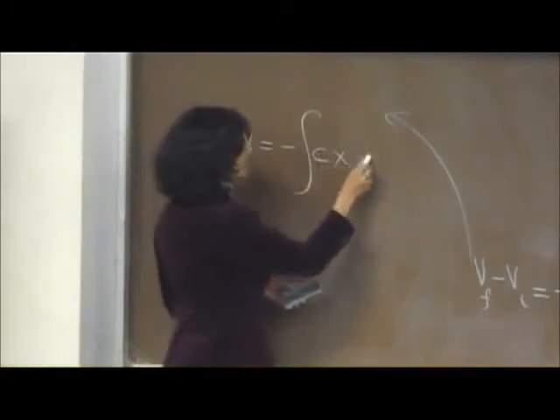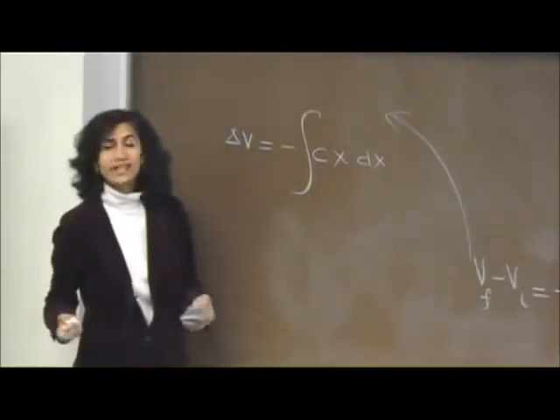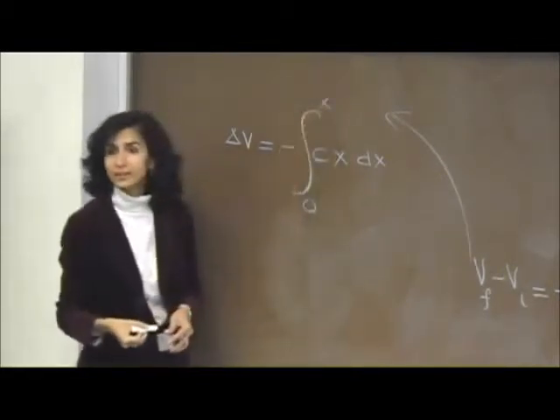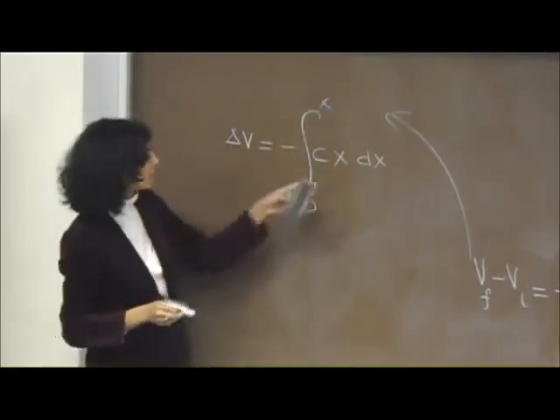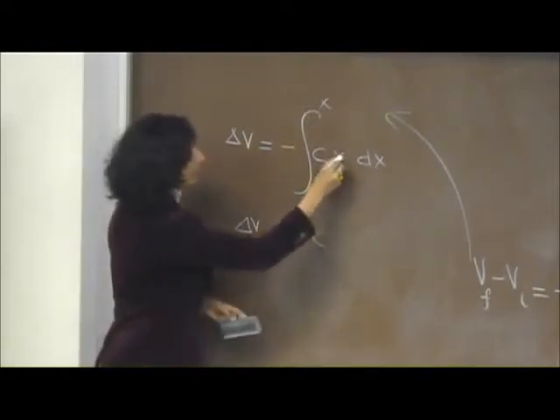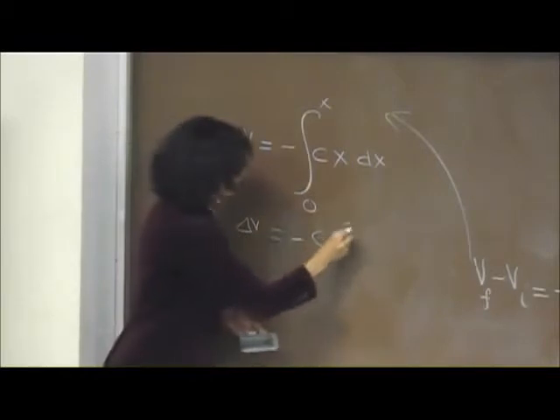So integral of minus Cx dx, right? Let's say that we start at the origin and we go to some value of x. Then the change in potential becomes minus C, and the integral of x dx is x squared over 2.